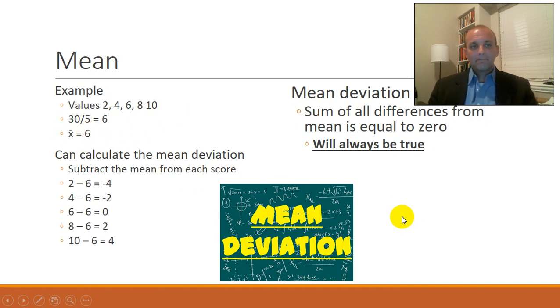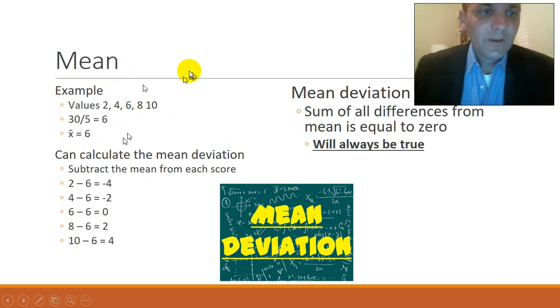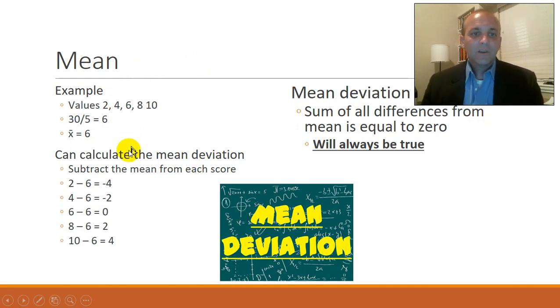All right, and that's a good score. It's good because in this case it's a normal distribution. You may or may not see that right now, but it is, and this would be the median and the mode as well. But from the 6 itself, you can prove that it is actually the average. You can prove that it's the mean.